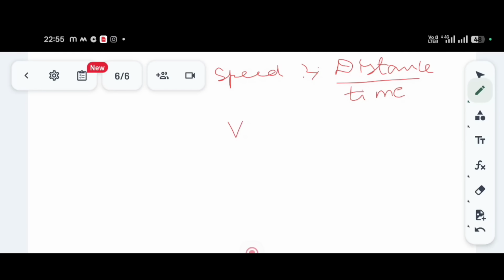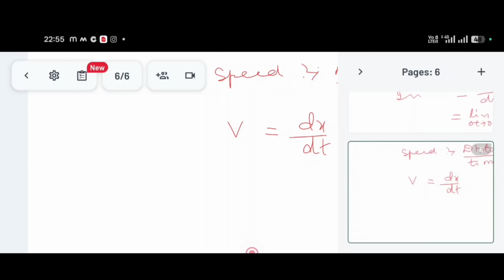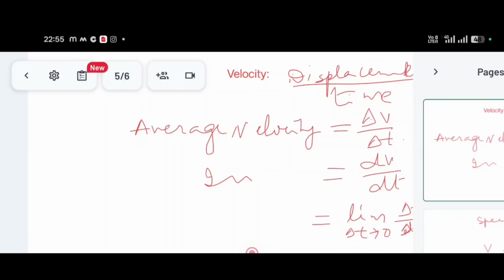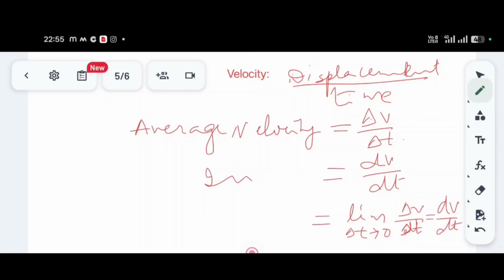Sorry, here velocity is delta x by delta t, where delta x is the displacement.